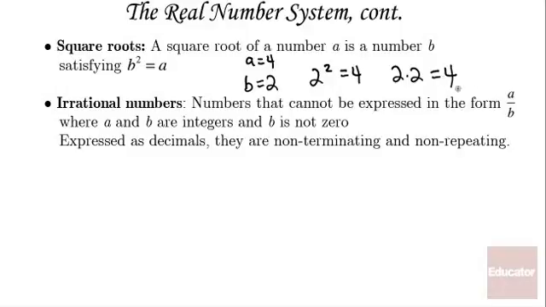So we can say that the square root of 4 is 2. And then we sometimes use this symbol to express that we are finding the square root of a number.